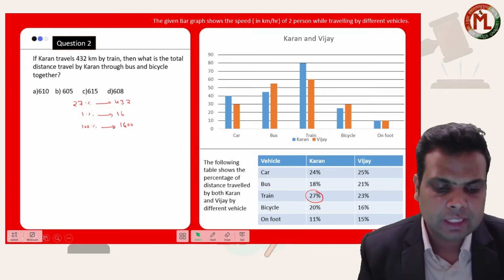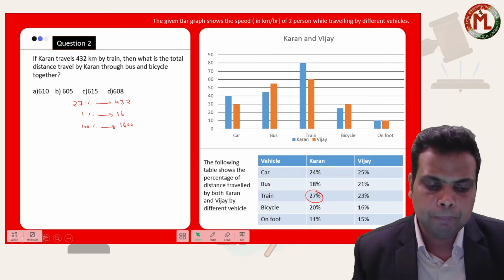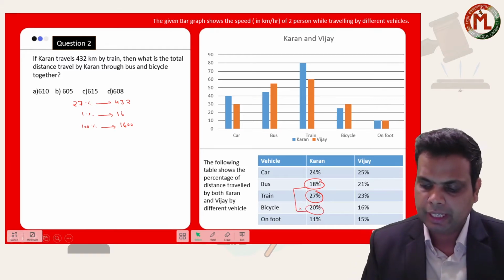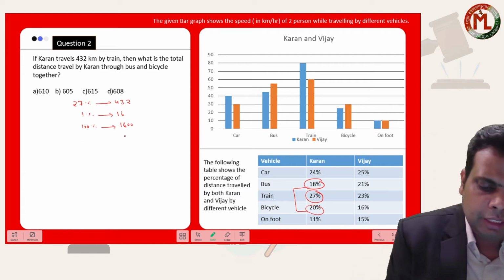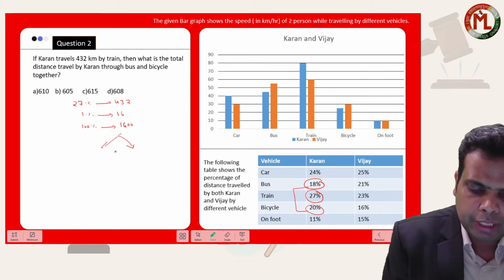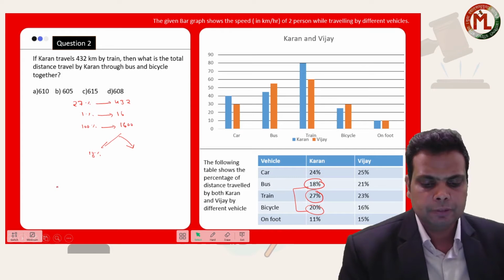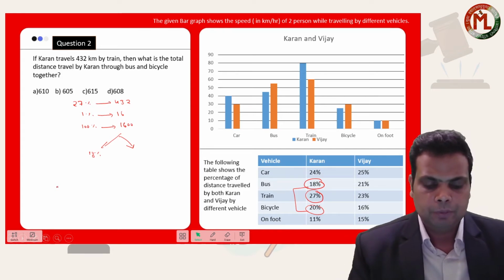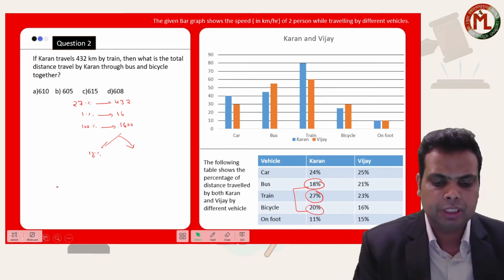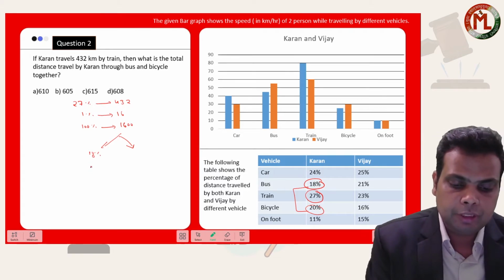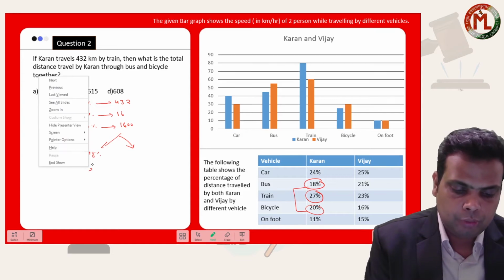Now further it says the distance traveled by Karan through bus and bicycle. By bus he covers 18%, bicycle he covers 20%. So by bus and bicycle, 18 plus 20%. Easily we can find out 18% of 1600. How will we find out? Look, 10% is 160, 20% is 320, and 1% is 16.